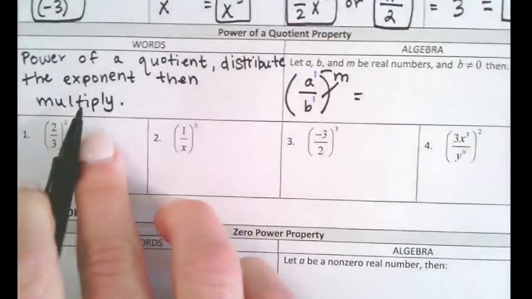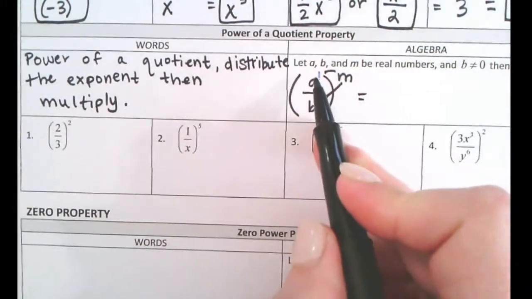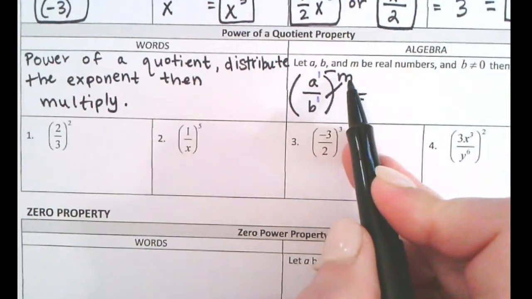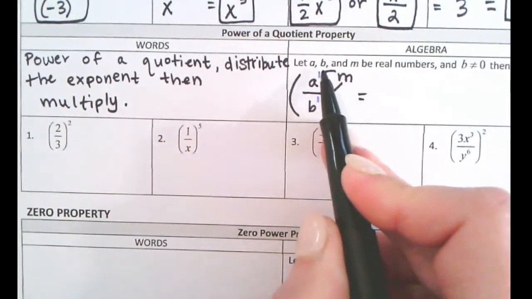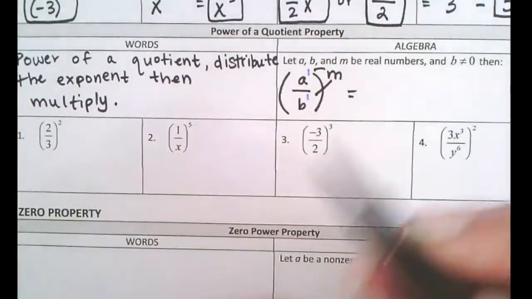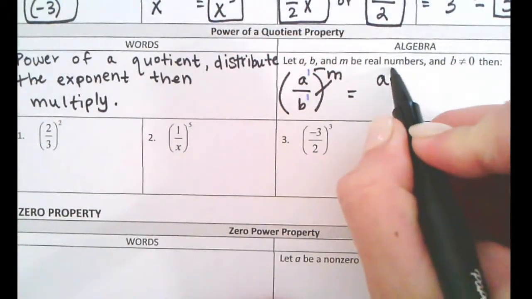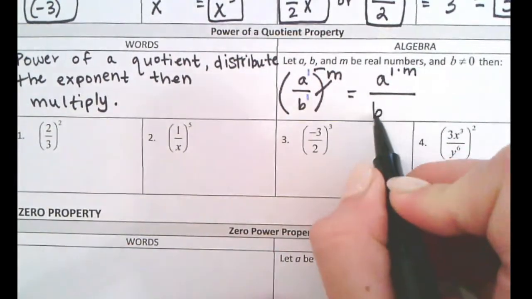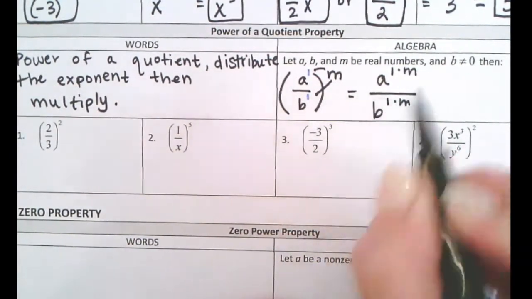And then we multiply, because this is written as a raised to 1 raised to m, and we remember from our previous power to a power, we multiply the exponents. So this becomes a raised to the 1 times m divided by b raised to the 1 times m.